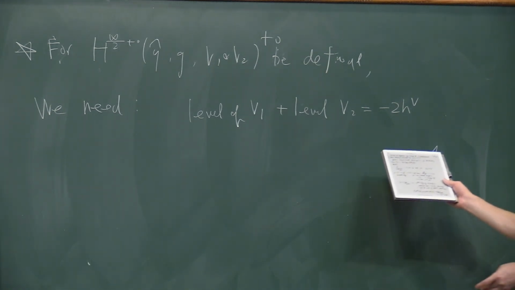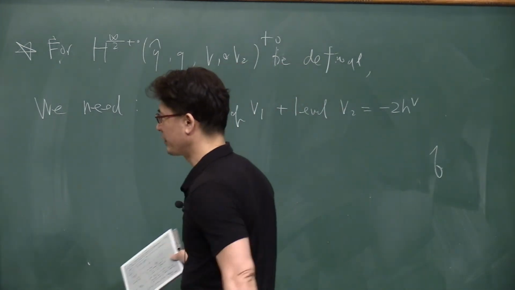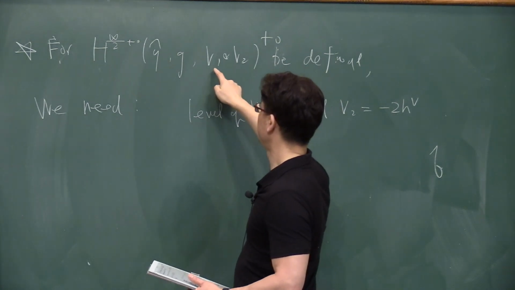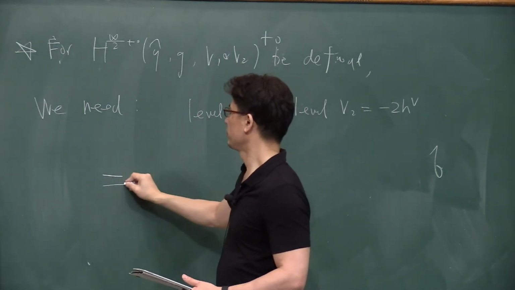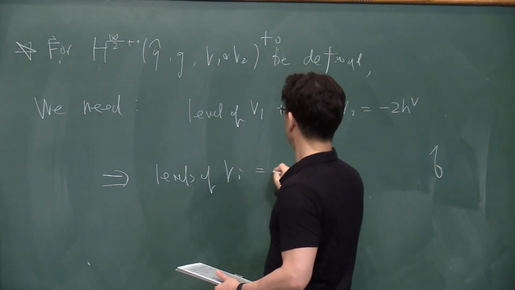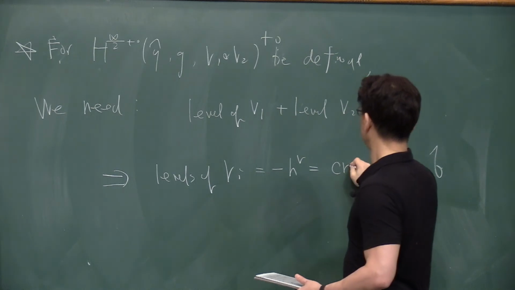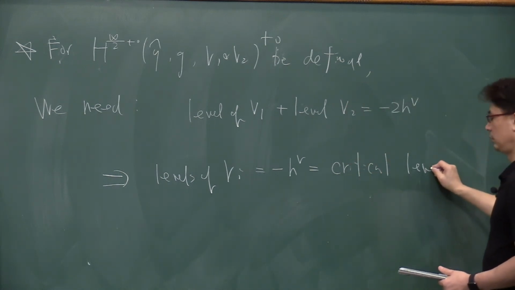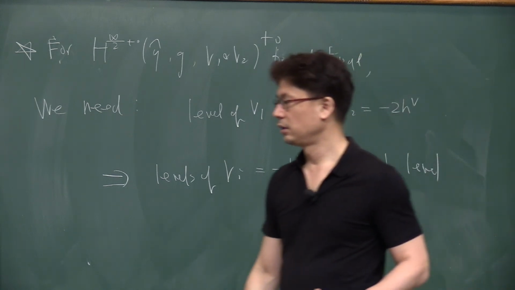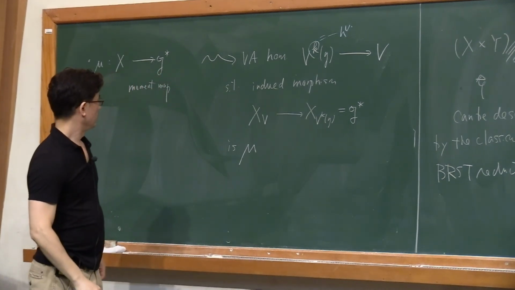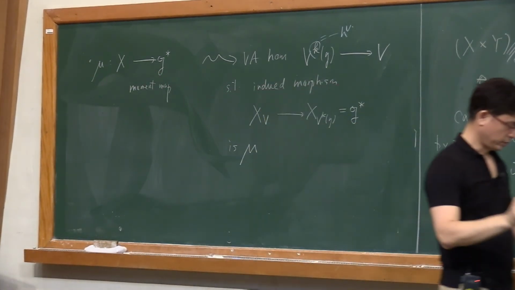Otherwise, if this condition is not satisfied, you cannot construct the BRST operator. We are assuming that V1 and V2 are at the same level. So this means the level of the V_i are all minus h^vee, which is the critical level. So I have to work at the critical level. But it's okay, we can always work at the critical level.